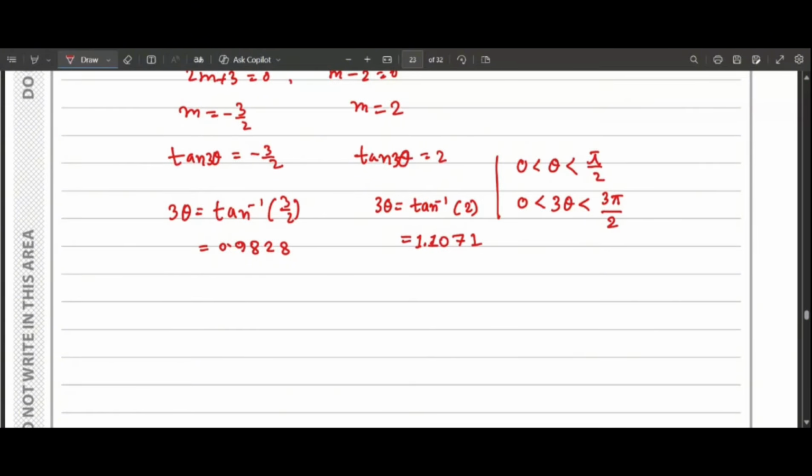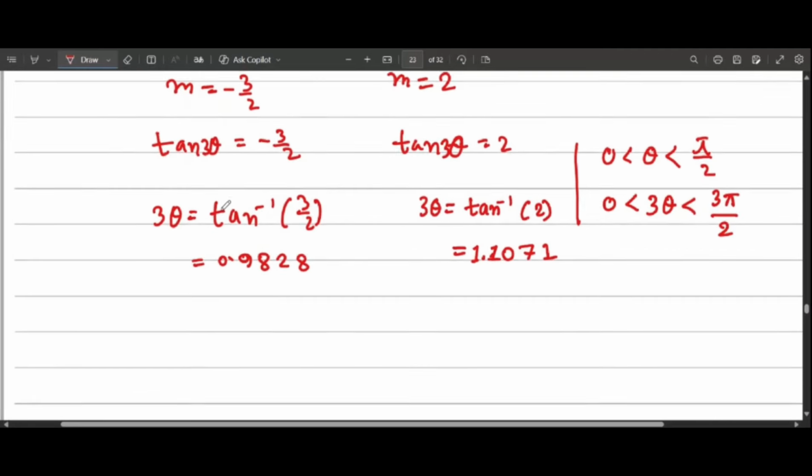Note that when we find the angle 3 theta, I have not used the negative part of 3 by 2 of this expression. I've used the positive part, the magnitude of the part which is 3 by 2, to find the basic acute angle for 3 theta.